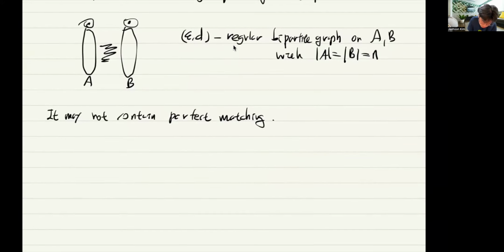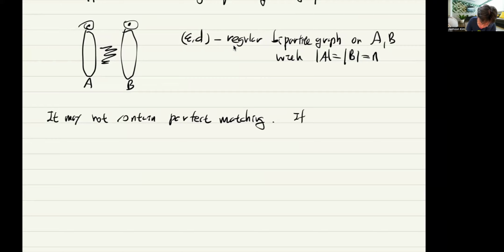As we saw before, if the minimum degree is large, say epsilon n, then let's be safe and make it a bit bigger, then it contains a perfect matching.